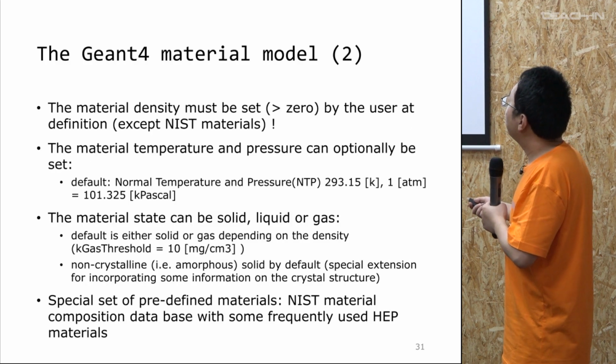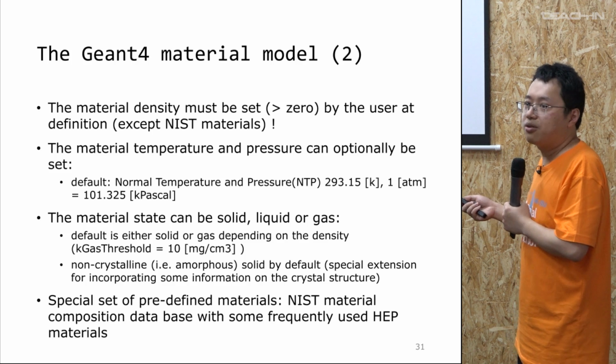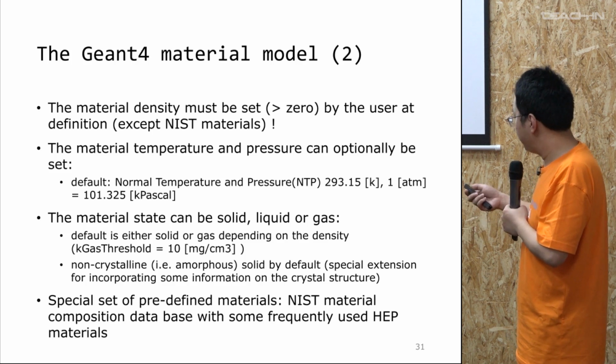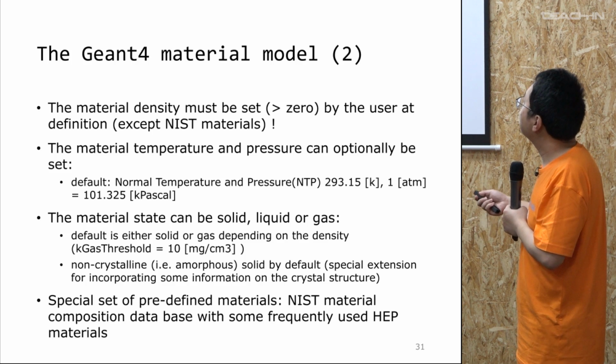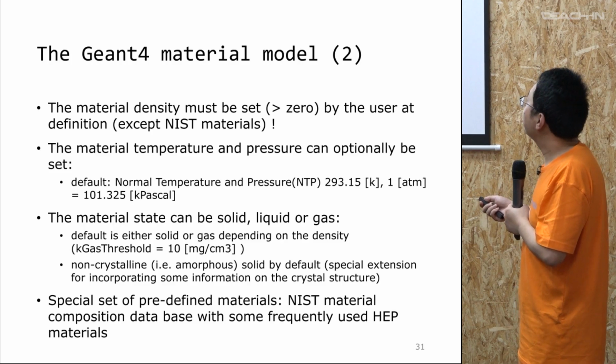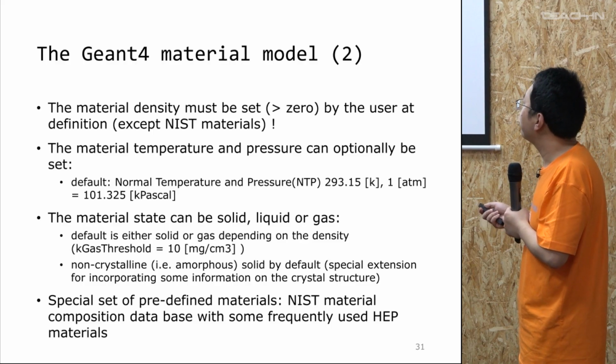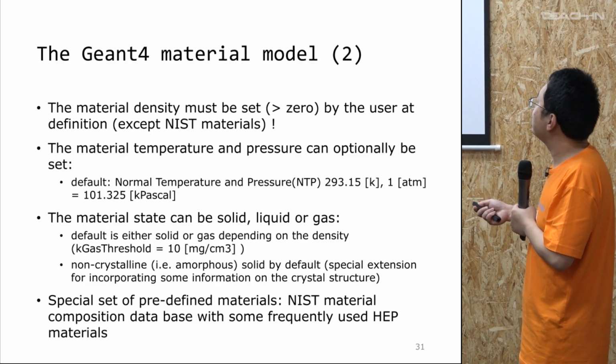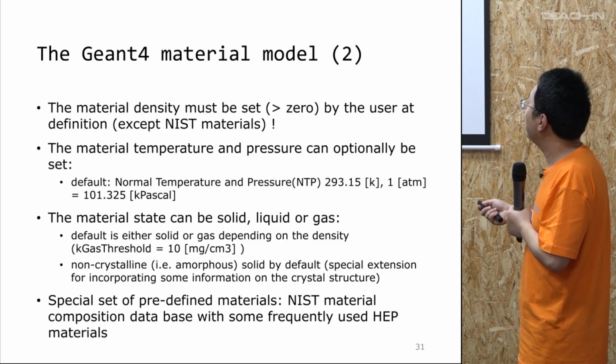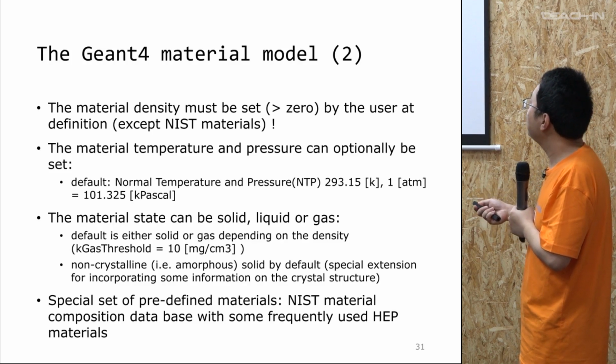For the material definition, you must have the density defined. This is always set by the user. You can also set the material temperature and pressure, and this is the default temperature and pressure here.